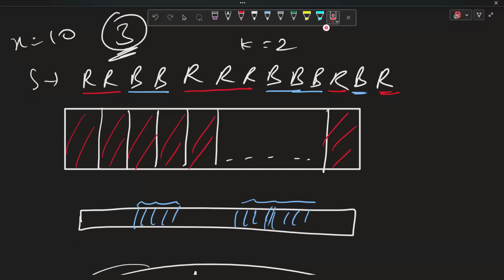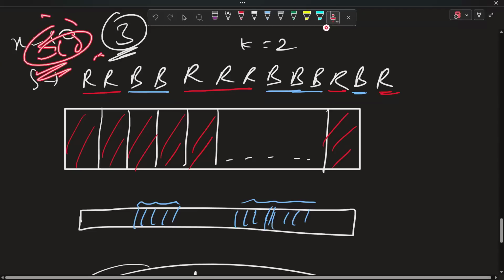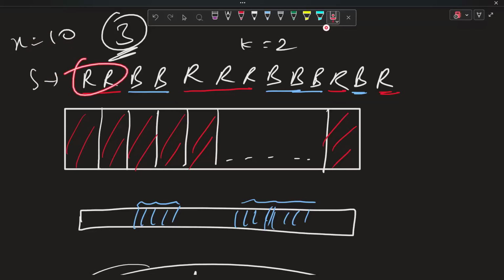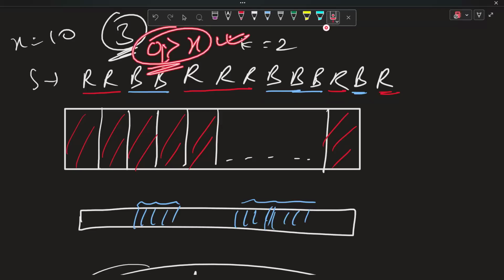Because if I encounter a penalty of more than 10, then my overall maximum penalty would be more than 10 and my answer cannot be 10. So in order to restrict my answer to less than or equal to 10, for those indexes where A[i] is greater than X, I have to make sure that it satisfies the color which is required.